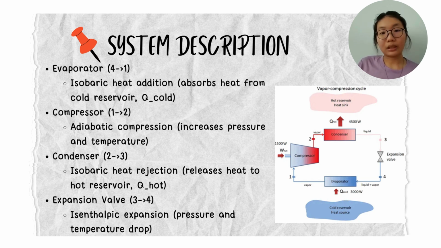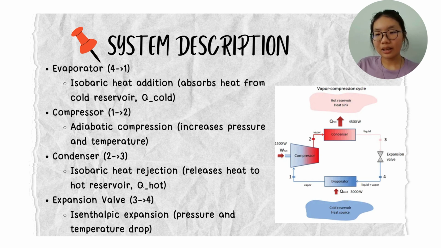The way for us to calculate the work input is H2, the enthalpy from stage 2, minus the enthalpy from stage 1, H2 minus H1.